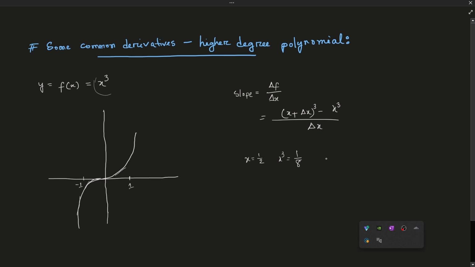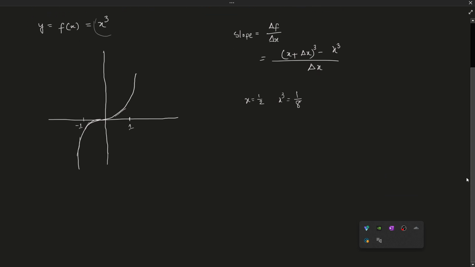Let's use a table here. Suppose we have del x here, then del f, and lastly the slope. If del x is 1, del f will be x plus del x whole cube minus x cube.